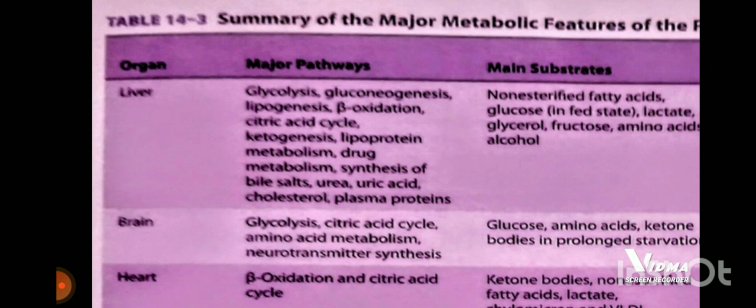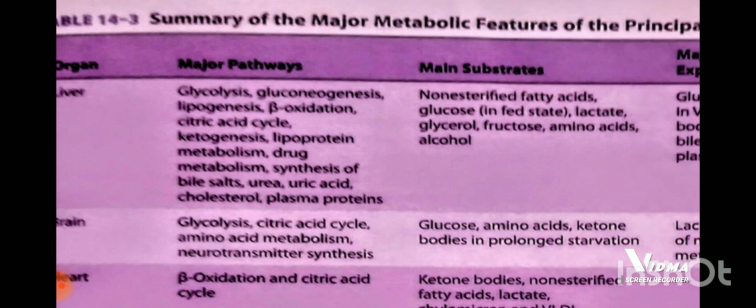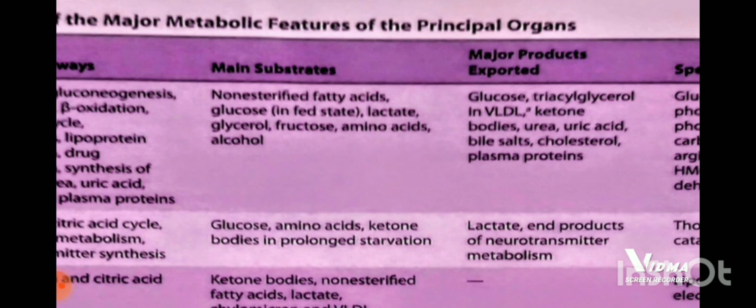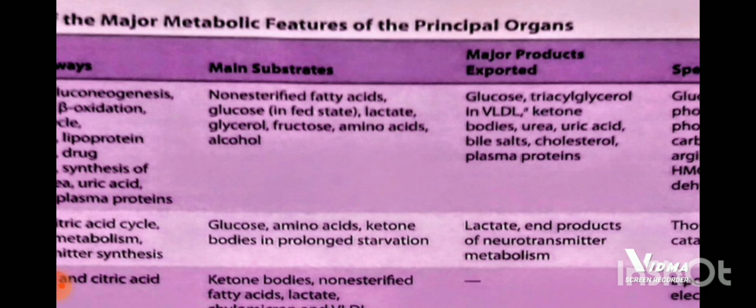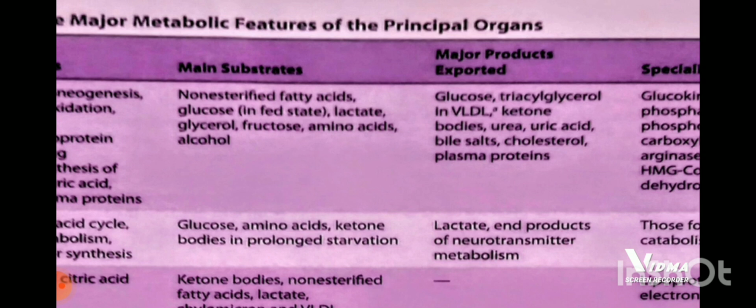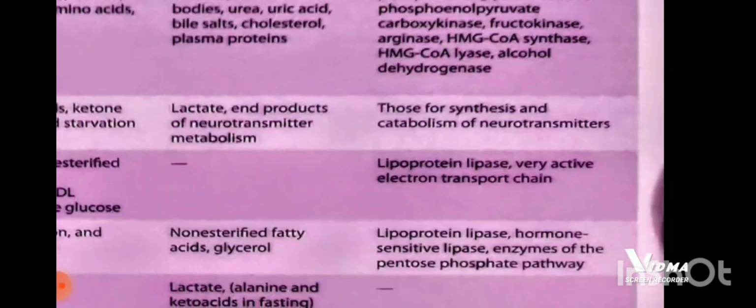First, in the liver there are so many interconnected pathways, and the major products exported are glucose, triacylglycerol, ketone bodies, urea, uric acid, bile salt, cholesterol, and plasma protein. And these specialized enzymes are involved.